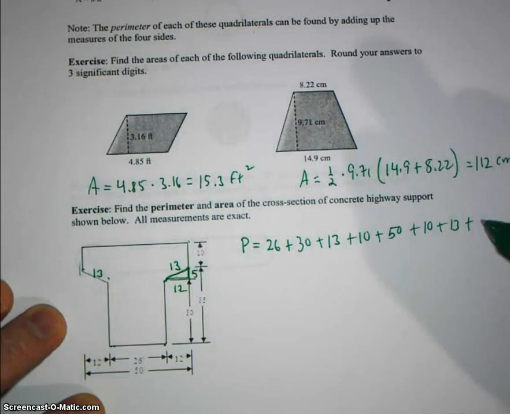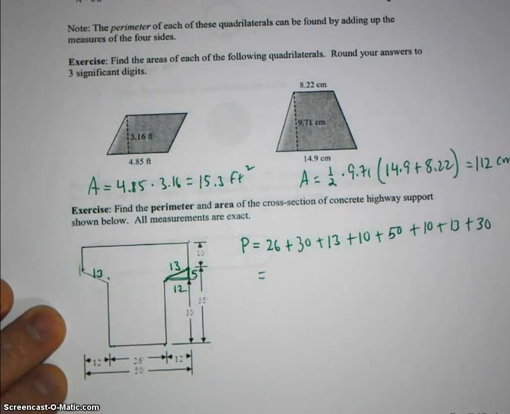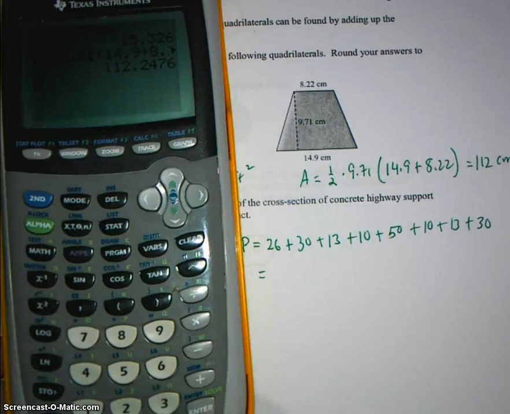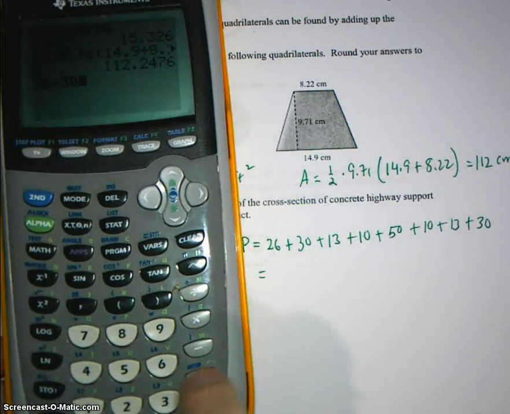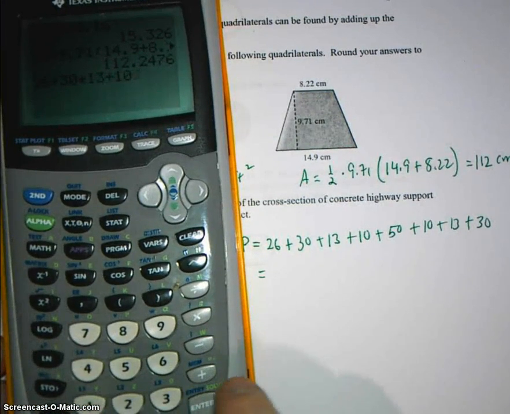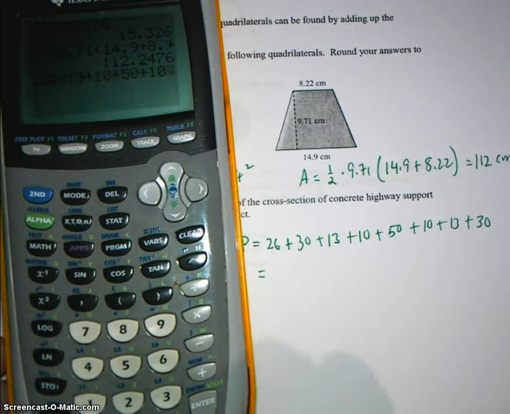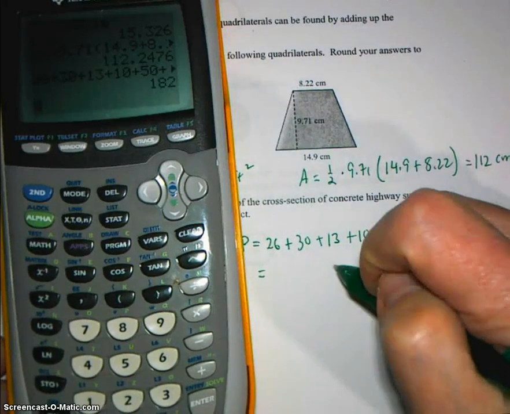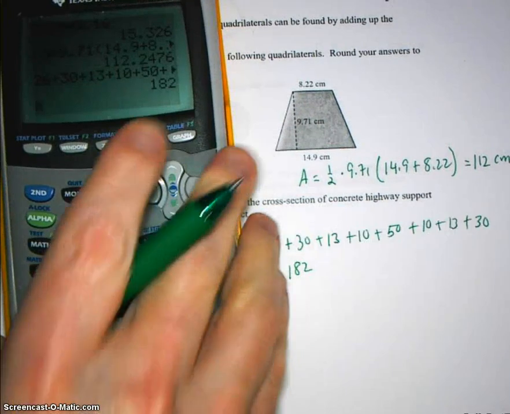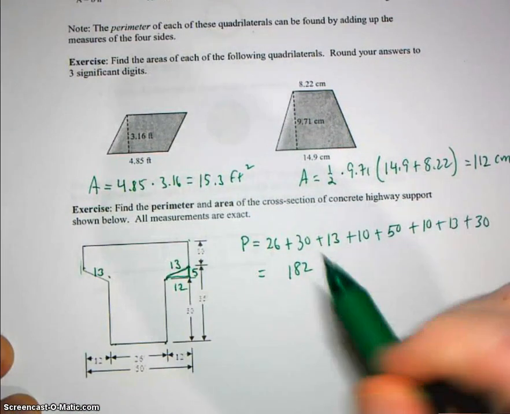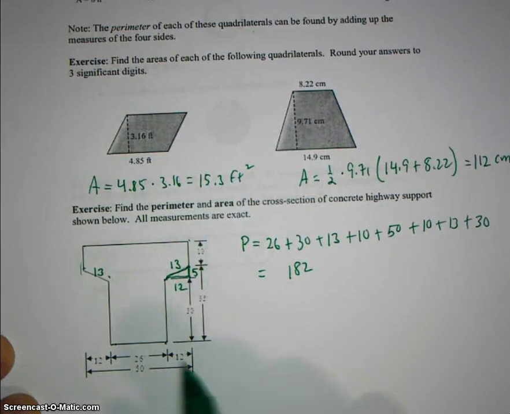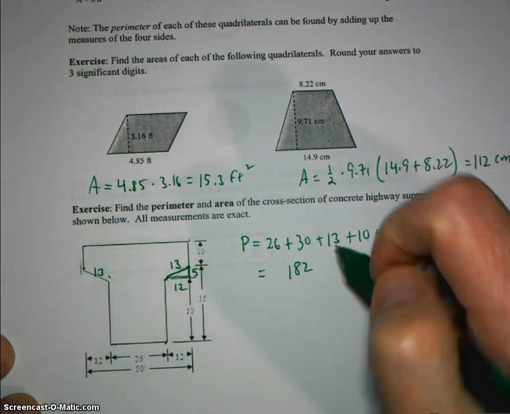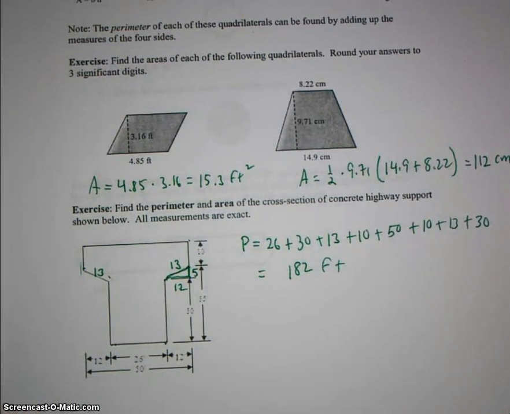And another 30. Add those all up. 26 plus 30 plus 13 plus 10 plus 50 plus 10 plus 13 plus 30 is 182. And units here would be feet. The little hash mark there is feet.